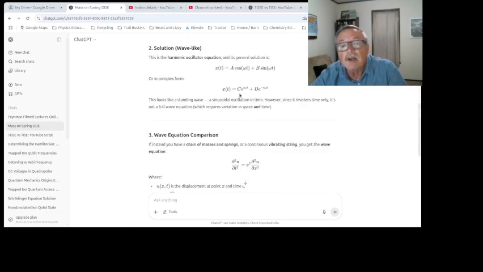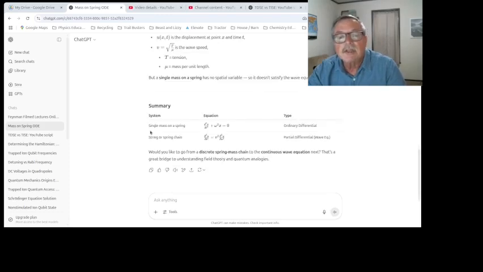Amazingly, it did come up with e to the i omega t and e to the negative i omega t. And what's our solution? Single mass on a spring, where omega is the square root of k over m, so we can use that to figure out how fast the thing oscillates. And the oscillation rate is what we're really interested in.